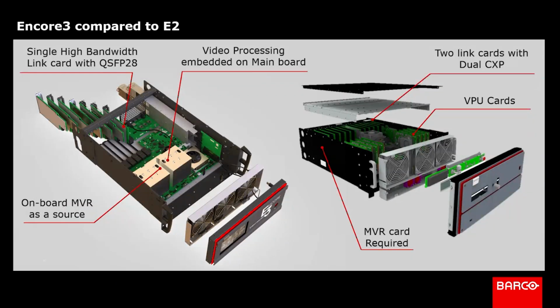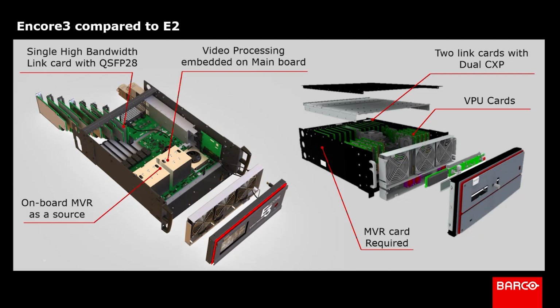So let's talk about Encore3 compared to E2. Both of them are FPGA based, to be honest with you, but Encore3 has two massive FPGAs on board, where the E2 had multiple VPU cards that were really confined and limited as to what they could create, right?